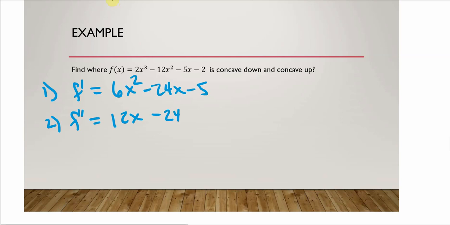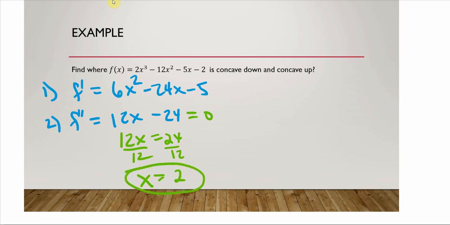Now I'm going to take my second derivative and set it equal to 0. All right, so that means that 12x is equal to 24, and I divide by 12, so x is going to equal 2. Now, this is telling me that my second derivative is equal to 0, and I'm going to say right now that that is a possible point.